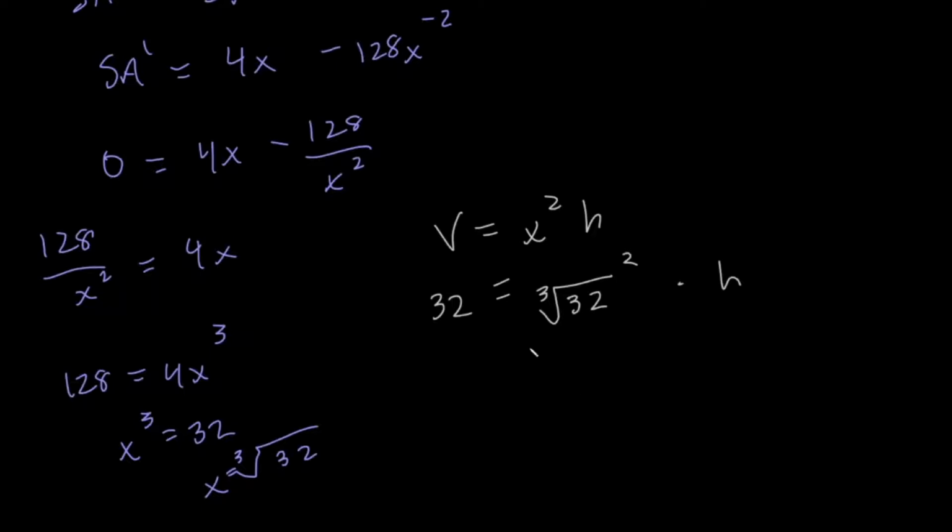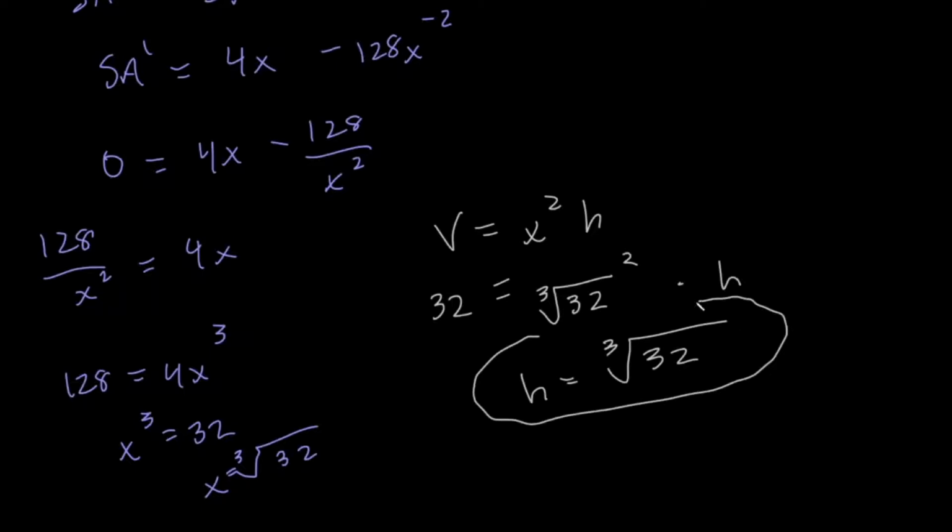So if you divide this, you will get h is also the cube root of 32. And in optimization problems, it's usually pretty acceptable to write decimals instead of cube root 32. I will accept decimals here. Does this answer your question, Avery?